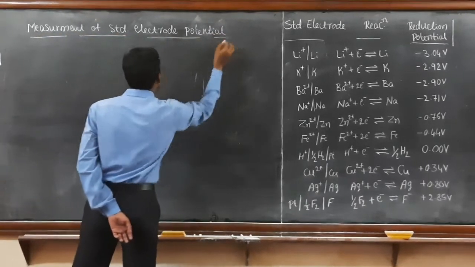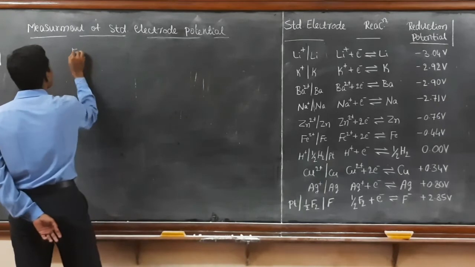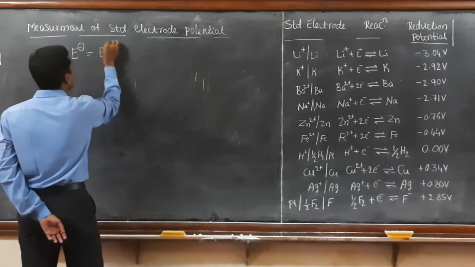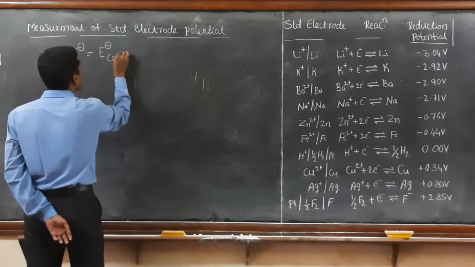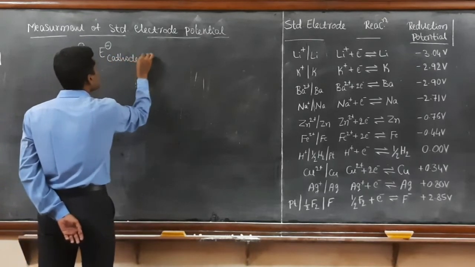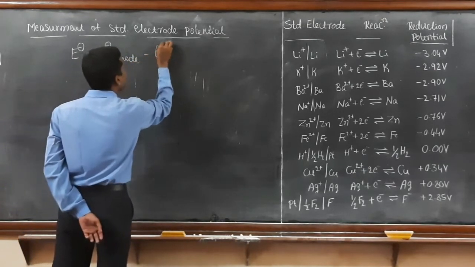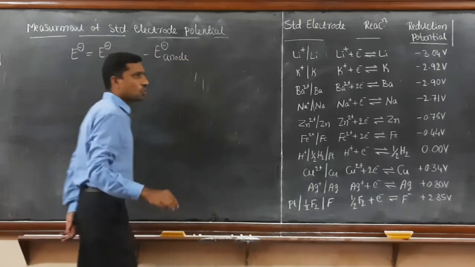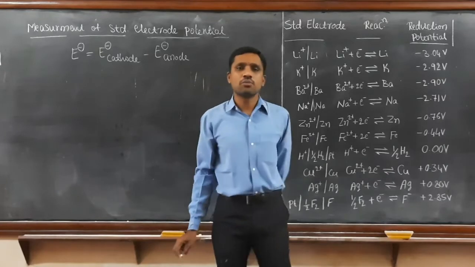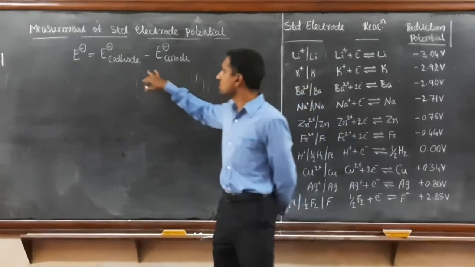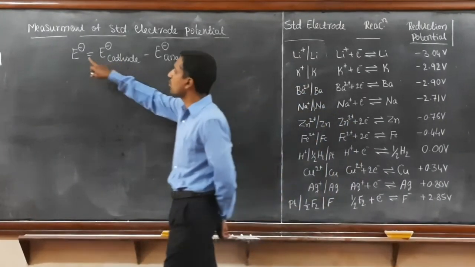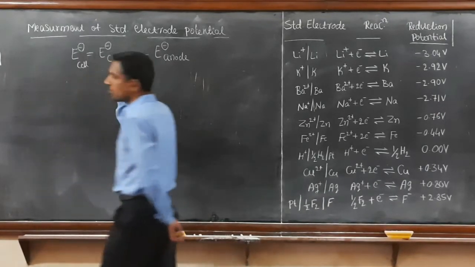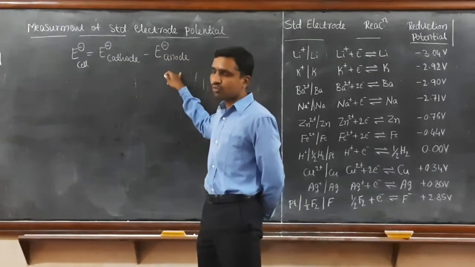The EMF of a cell is calculated by considering EMF of the cell is equal to EMF of cathode minus EMF of anode. You already know that the EMF of a cell can be calculated using this formula.